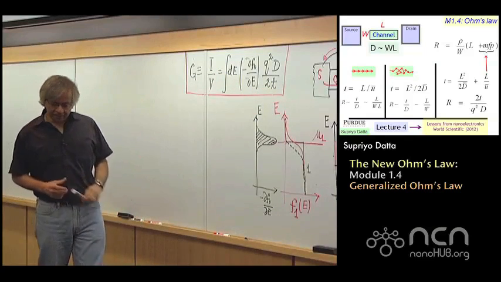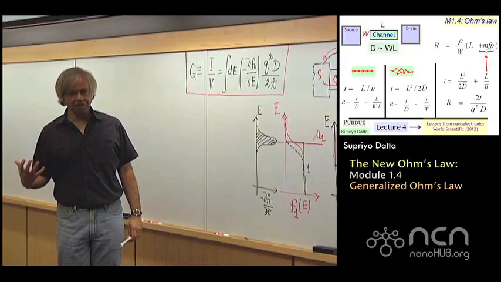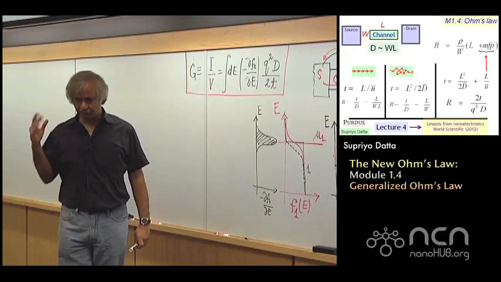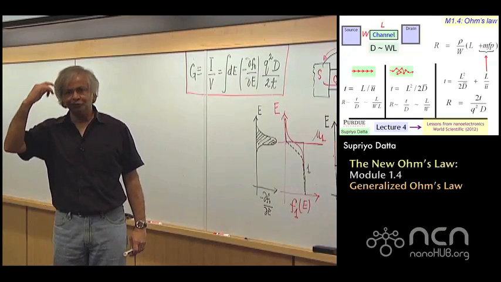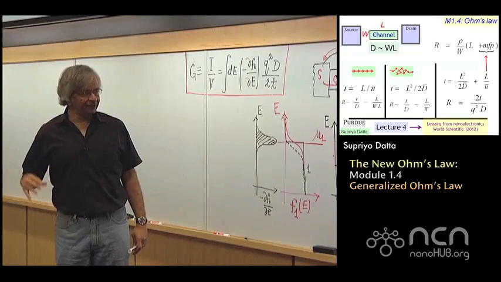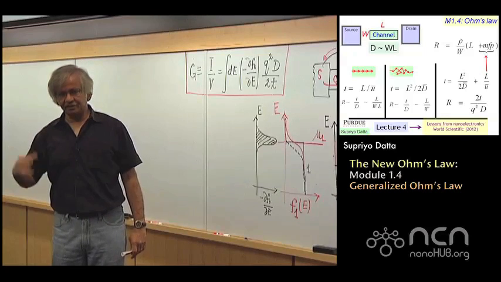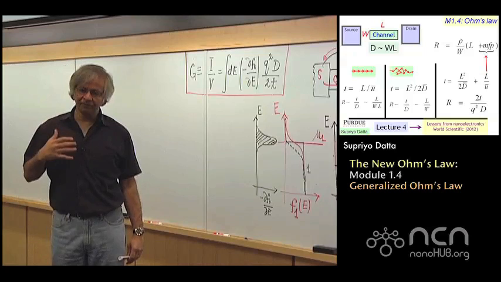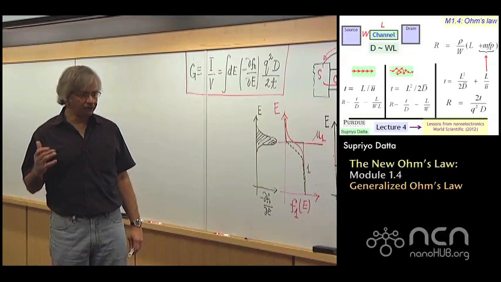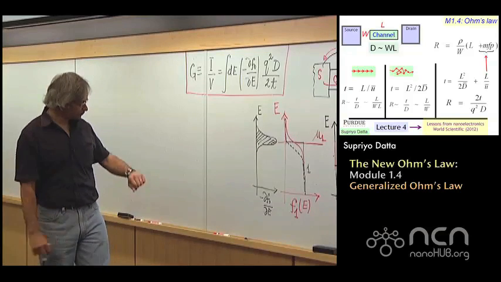And what we want to see is how this conductance or resistance would change from the ballistic regime to the diffusive regime. This is where I try to connect back to module 1.1, where I said that there is this change in paradigm occurring as devices get smaller, where we go from a regime where electrons move diffusively from source to drain to a regime where they go ballistically from source to drain.